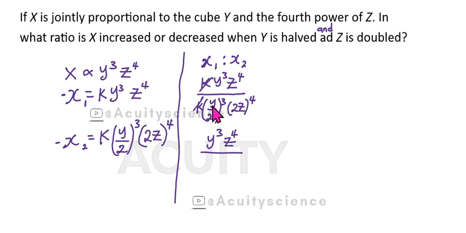The 1 over 2 here is in the denominator and is raised to power 3, so by indices this is 2 to the power minus 1, raised to power 3. This means 2 to the power minus 3.